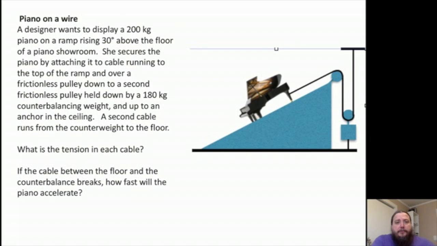A second cable runs from the counterweight to the floor. And it asks us to calculate the tension in each cable, and then also if the cable between the floor and the counterbalance breaks, how fast will the piano accelerate? So let's start with the first of these, and then we'll look at the second one as well.